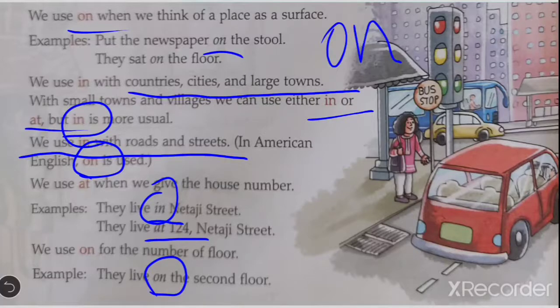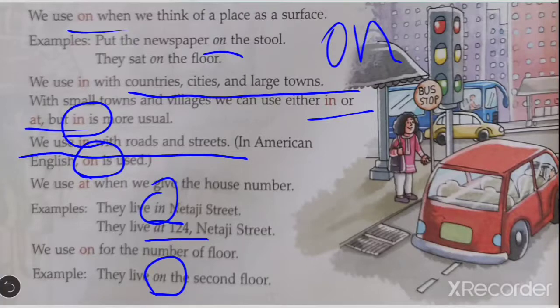At. Look at the page at 74. So when you use a number, you have to use at. On we can use for the number of the floor. Here also a number will come, second, first, third, fourth. But here you have to use on.